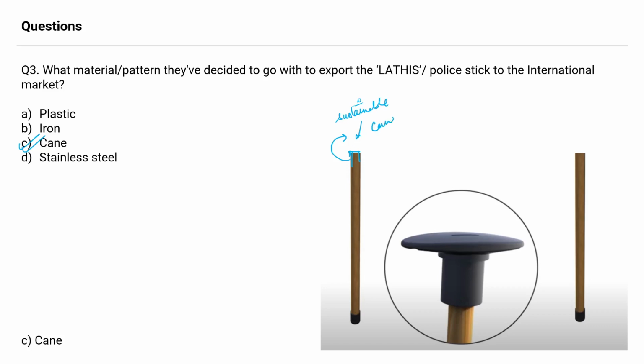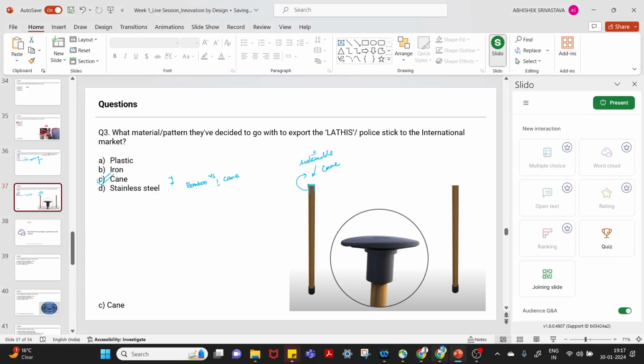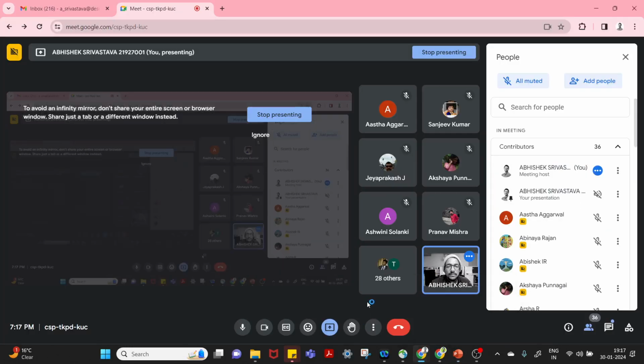Now I have another question for all of you in this particular question itself. What do you think is the difference between bamboo and cane? Is there any difference or is it the same thing? Bamboo and cane. Anyone?